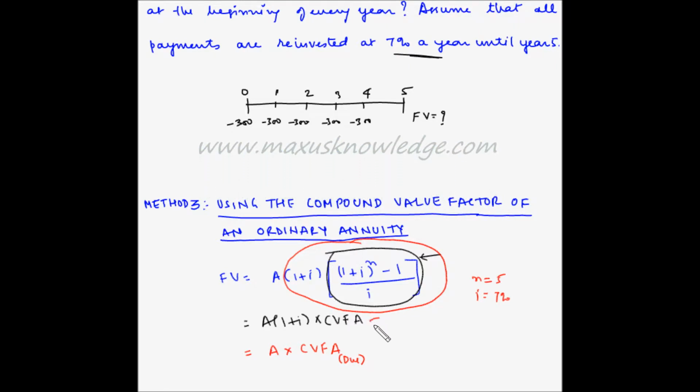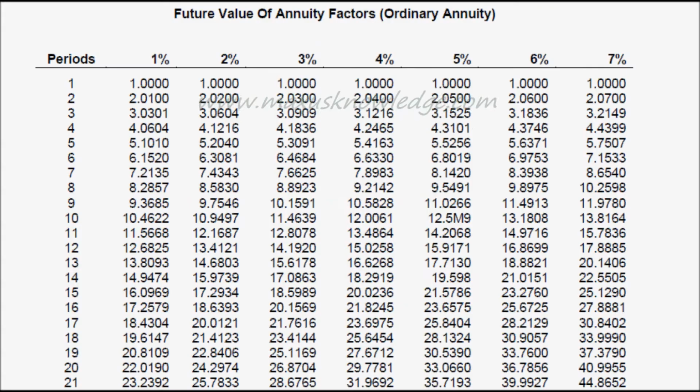That means we'll use this formula here. So this table represents the compound value factor of an ordinary annuity. The number of periods at hand is 5. The rate of interest is 7%. So we have to take the value at the intersection of these two, which is 5.7507. So let us use this value in our formula.